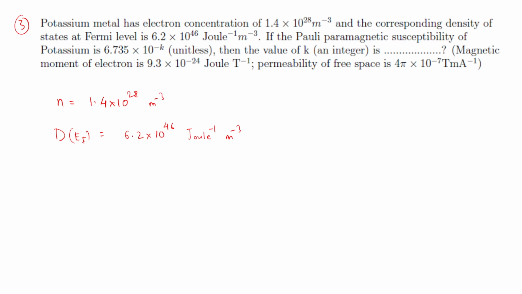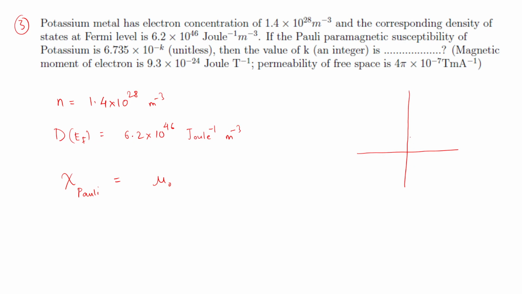It has asked what the Pauli paramagnetic susceptibility of potassium is. So according to Pauli paramagnetism, the way we derive it is just for a brief outline. It occurs in the case of metals, and in a metal not all the electrons participate in this paramagnetism.